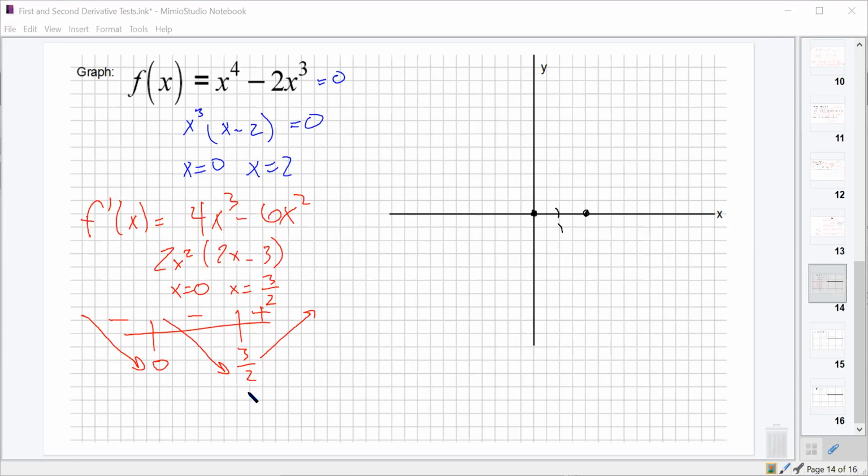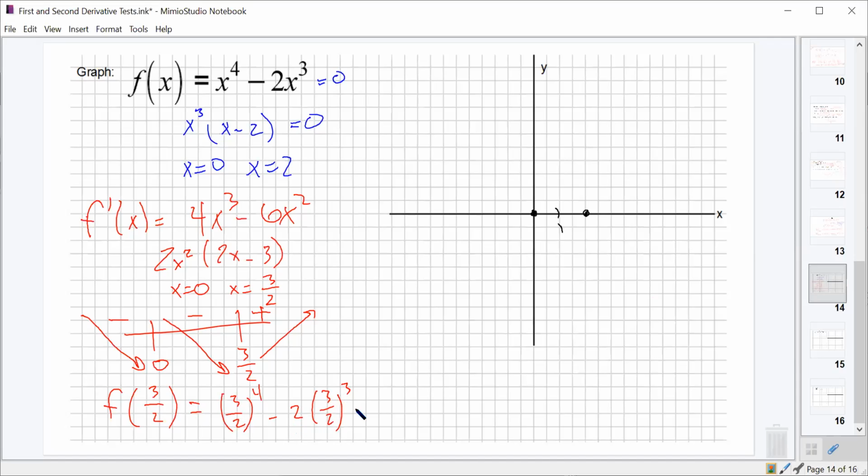And then we also are going to need the point at 3/2. That's an important point, right? That's a local minimum. So we're definitely going to want to plot that one. So f of 3/2 is what? That's 3/2 to the 4th power minus 2 times 3/2 to the 3rd power.